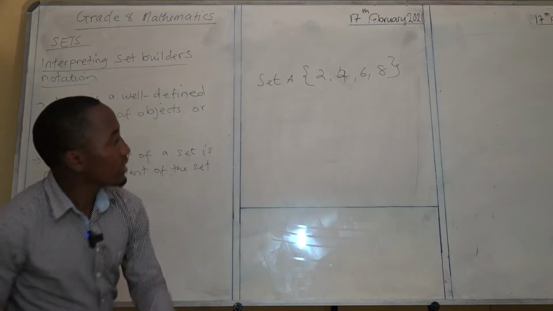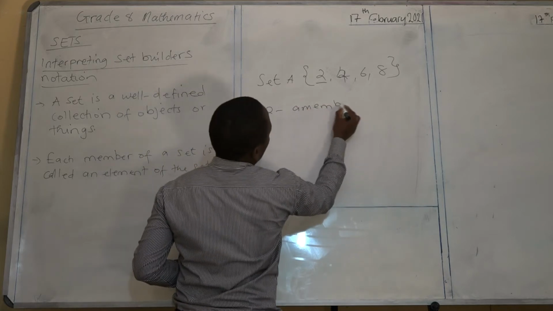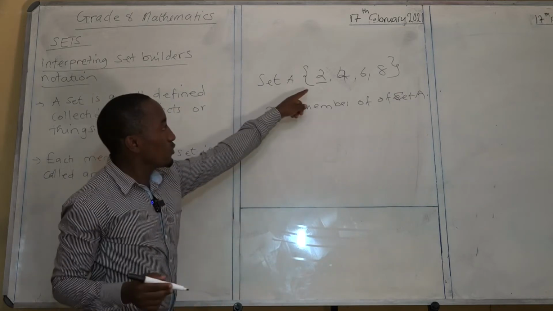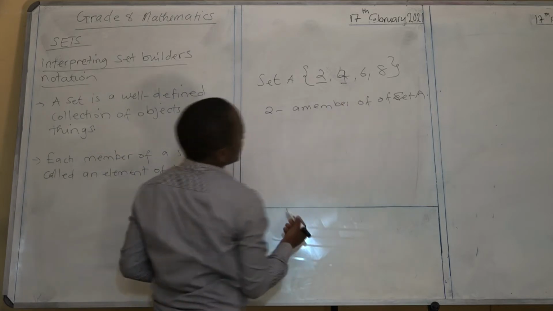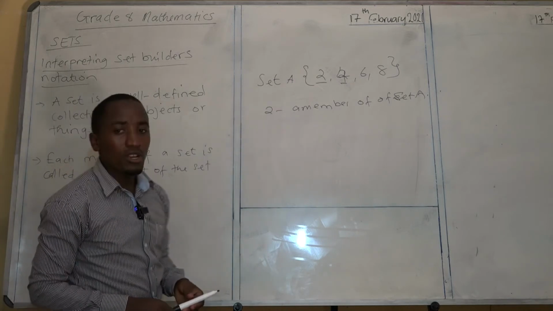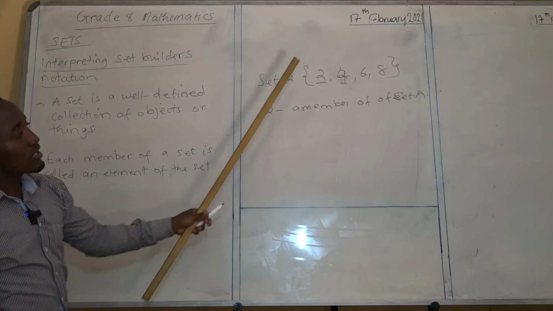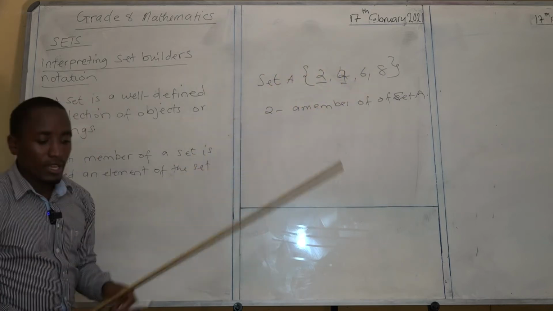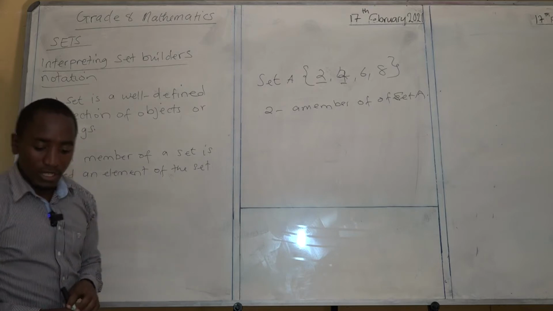In this set, the 2 here is a member of set A, so this 2 is an element of set A. The same applies to 4: 4 is also a member of set A, so we can say 4 is an element of set A. So too, 6 is a member of set A, and 6 is an element of set A. The same applies to 8: 8 is an element of set A. Each member of a set is called an element of that set.